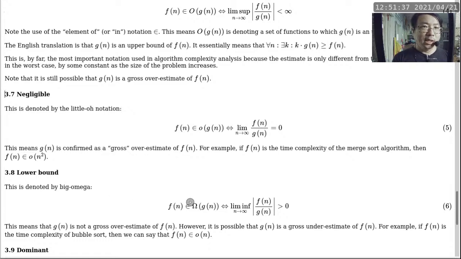Alright? So omega is also not really used a lot when you read literature of algorithms, because we are usually not interested in the lower bound of the time complexity of an algorithm. Let's think about a really, really awful search algorithm. It's called random search. The idea is I will sit in a tight loop, and for each iteration, I'll just randomly pick a number, and that number is a valid index into an array.